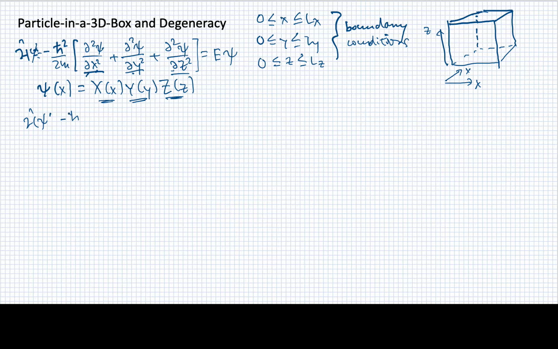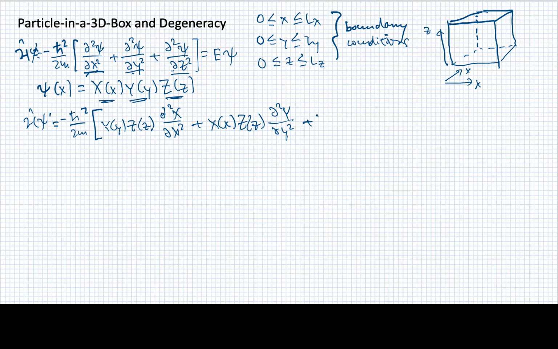We'll have negative h bar squared over 2m, and then Y of y times Z of z times the second derivative of X with respect to x. Then X of x and Z of z times the second derivative of the Y part with respect to y. And X of x and Y of y times the second derivative of the Z part with respect to z.